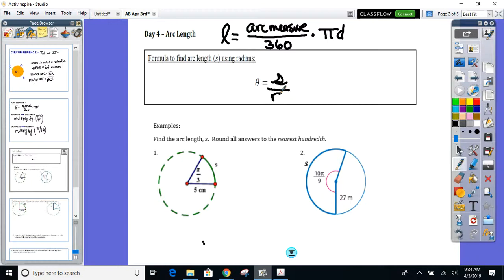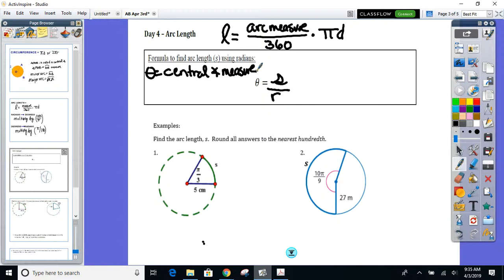Theta is the central angle measure. But that angle better be in what type of units if I'm going to use this formula?